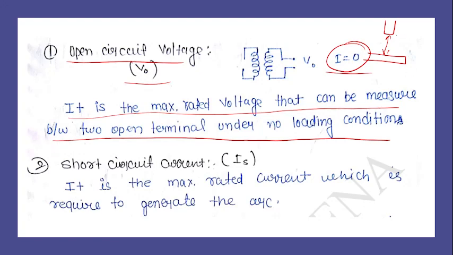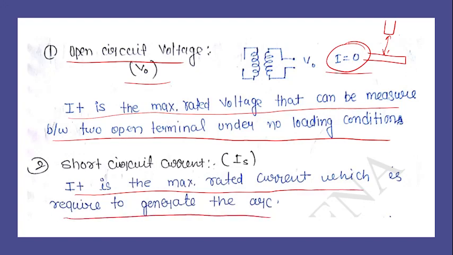Now what we will do, we will reduce the distance between the electrode and workpiece, and an arc will form. So the current at which it is forming will be called short circuit current. It is also called the maximum rated current, which is required to generate the arc. At this short circuit current, your arc will generate. Okay. So these two things.